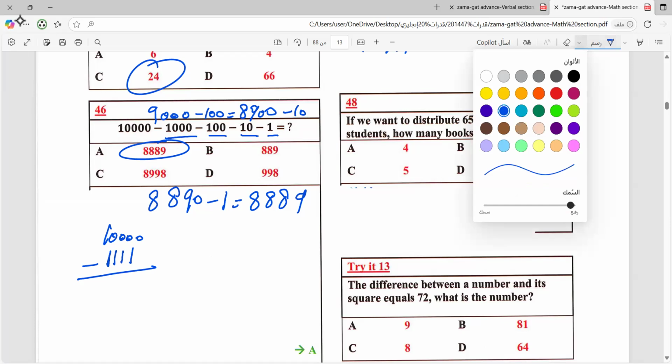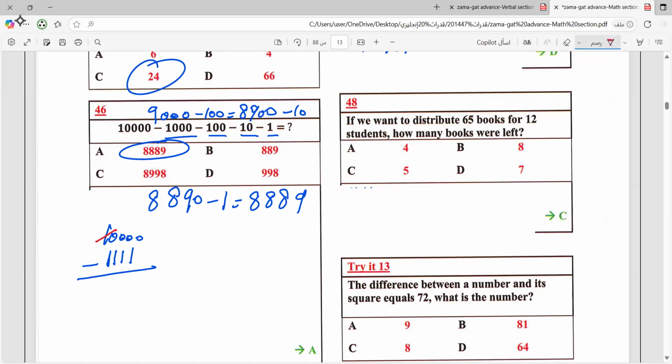You borrow from the 10, so this will be 9, 9, 9, 10. 10 minus 1 is 9. 9 minus 1 is 8. 9 minus 1 is 8. 9 minus 1 is 8. So we get the same answer.